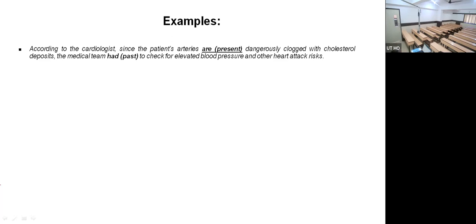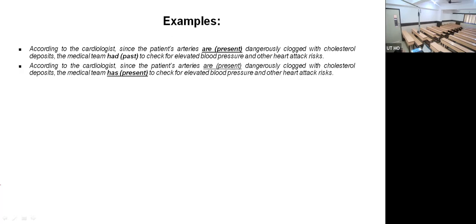So we should have both of them in the same tense. Depending upon what is underlined for you, you will be changing the tense. Either we can say the arteries were dangerously clogged, so it matches with had, or the medical team has to check. That will become present. We can't have one past and one present. So they have changed the second one into the present.